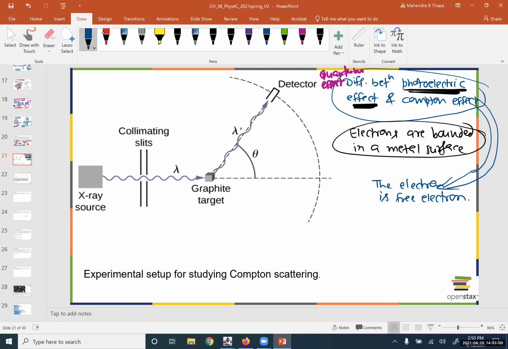This is the experimental setup to study the Compton effect. This is the source of X-rays, which gives the value of lambda, the initial wavelength. After scattering, its wavelength is this much, a kind of final value. After scattering, the electron could deflect in some way, just like we showed here.